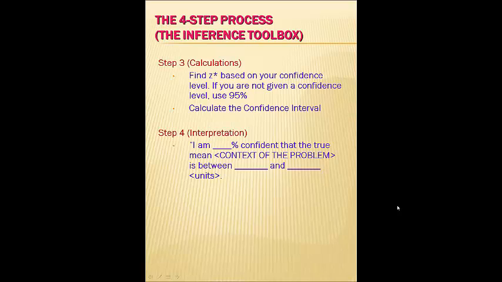Then finally, step 4, it's the interpretation of your solution. You're going to say, I am 95% confident, 90% confident, whatever it happens to be, that the true mean in the context of the problem is between this and this, and then refer to your units. Simple as that. 4 straightforward procedures, and you're going to have a nice, clean problem when you're done.